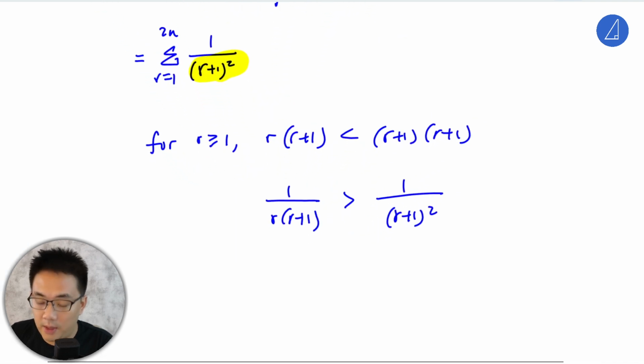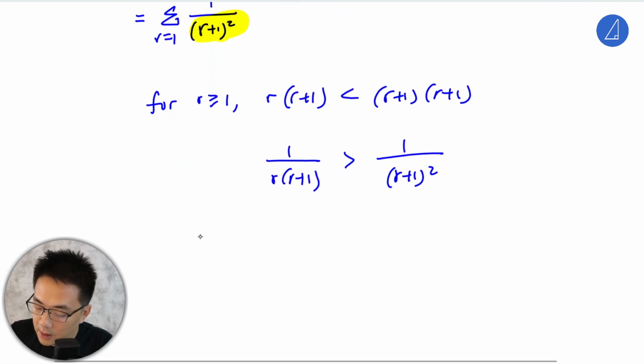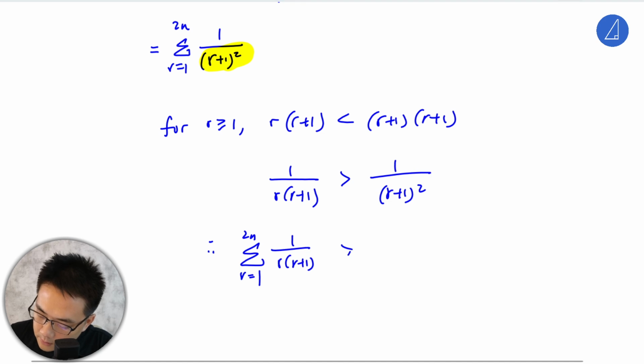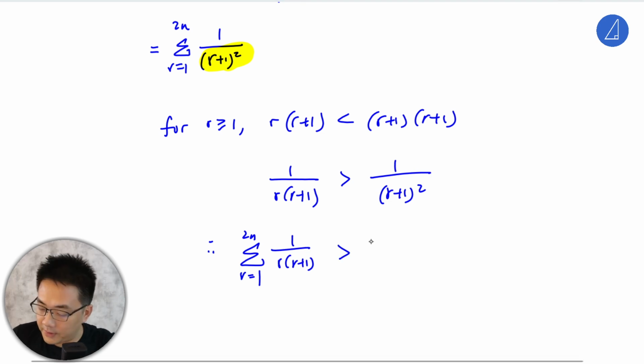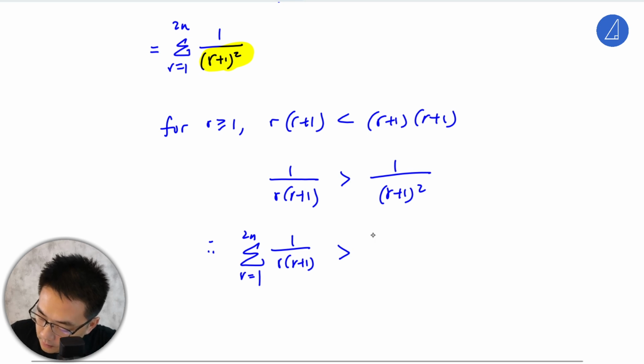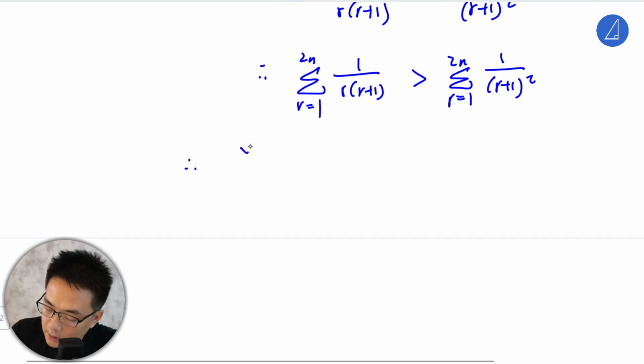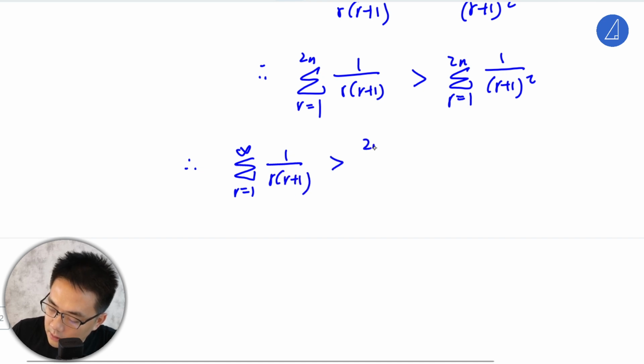Once we establish that, this guy will be hence less than the sum from r equals 1 to 2n of 1 over r(r+1). You just attach the summation on both sides. We can also write this down as the sum to infinity. You just do the sum to infinity thing.